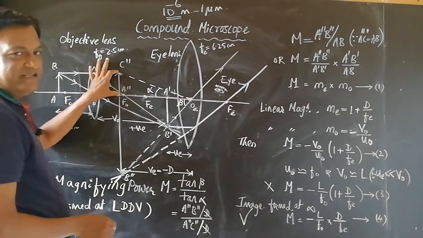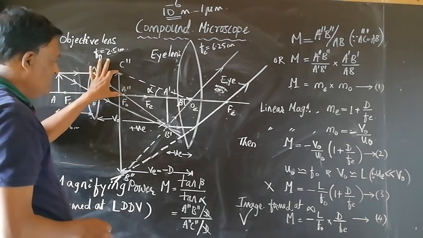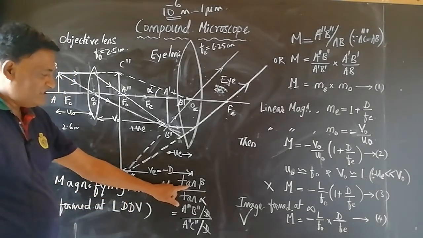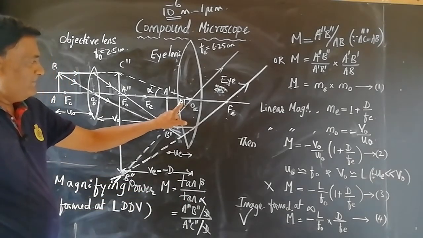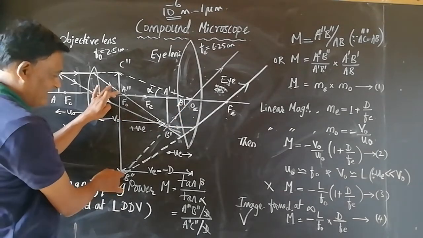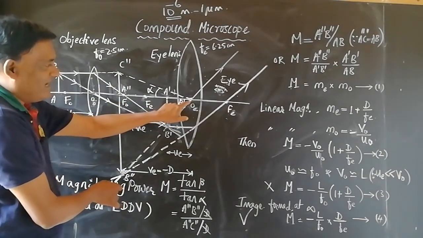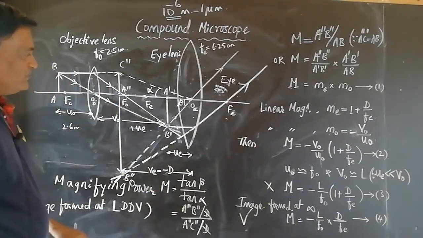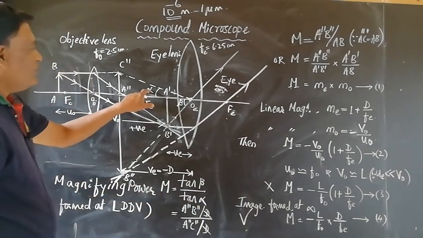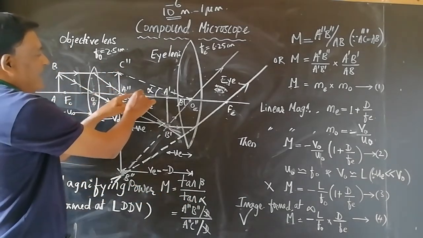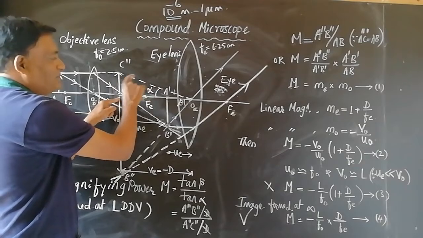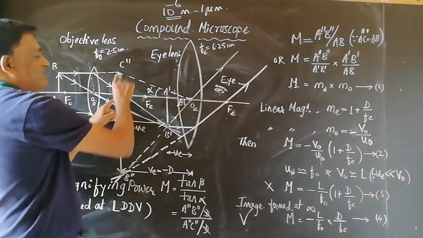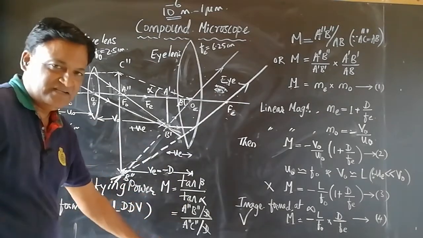That is why we define magnifying power as the ratio of the tangent of the angle made by the final image at the eye lens when the image is at the least distance of distinct vision, to the tangent of the angle made by the object at the eye lens or the eye when the object is at the least distance of distinct vision.